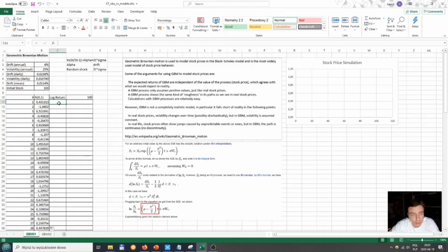So now if we combine this stochastic part and this constant part, our logarithmic rate of return would be, first, this constant part, plus second, the Wiener process times volatility.